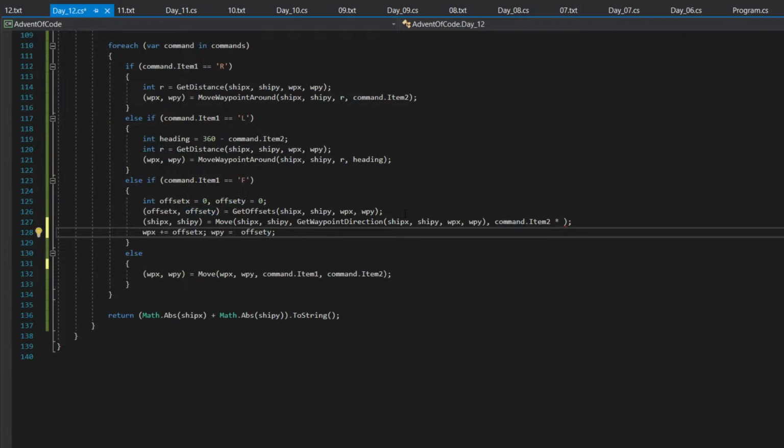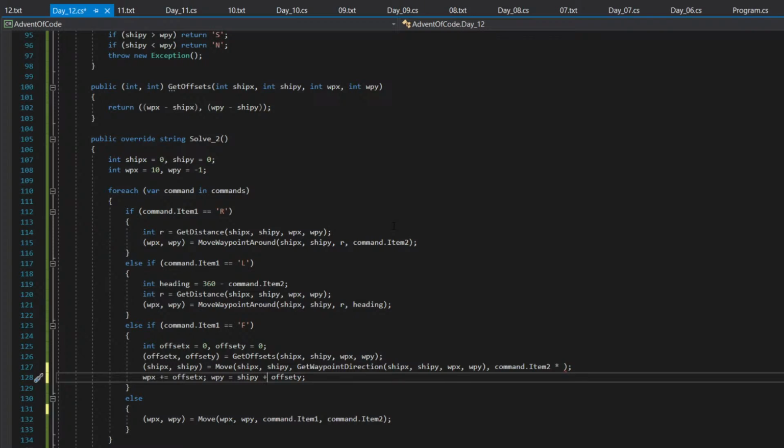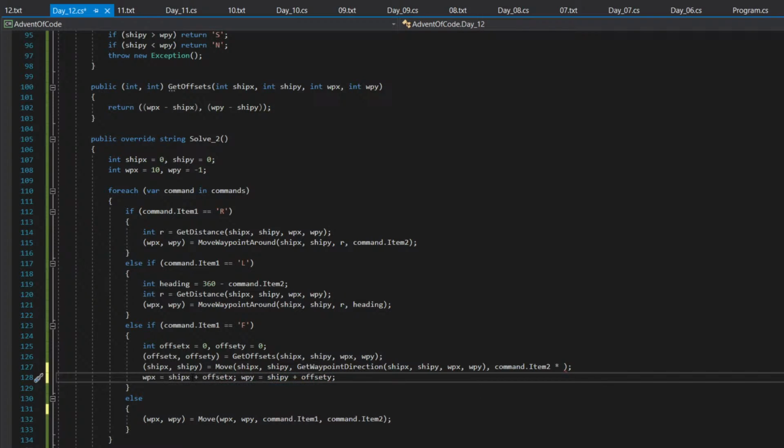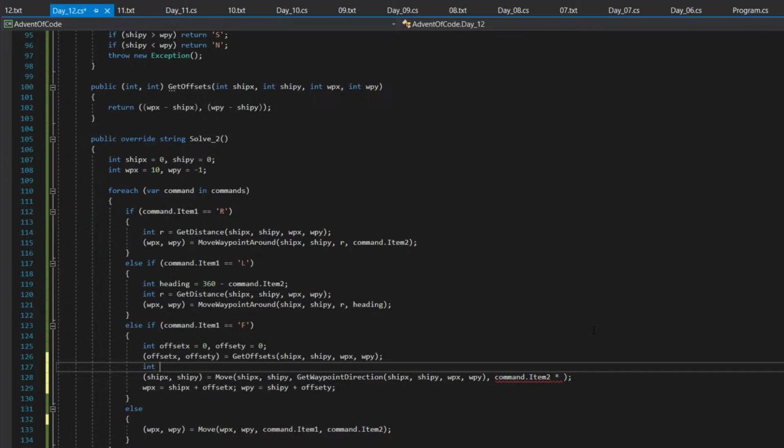the waypoint is offset by the ship Y plus ship X. Let's see.